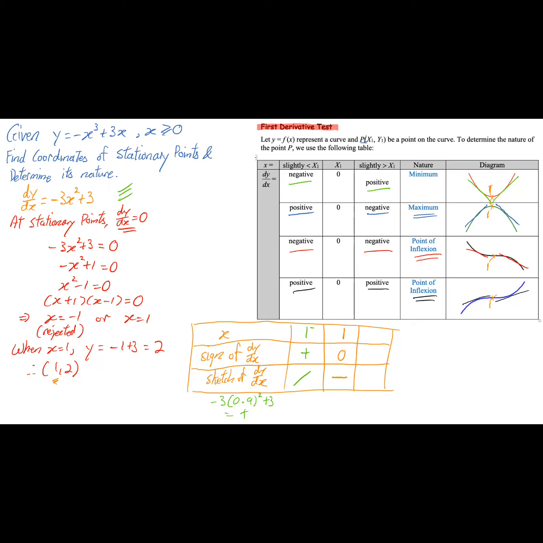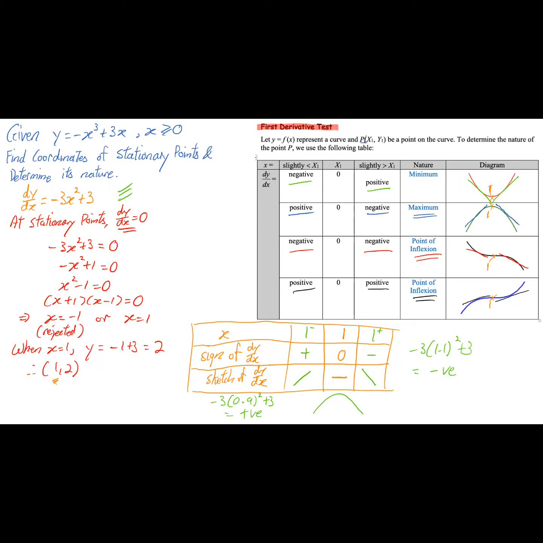A point slightly to the right, that means bigger than 1, can be 1.1. We use negative 3 times 1.1 squared plus 3. You use your calculator and you'll notice that this gives us a negative value. If it's a negative value, then this is the shape. So generally we know that the shape is a maximum curve.